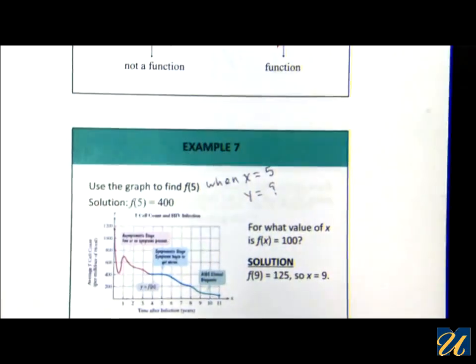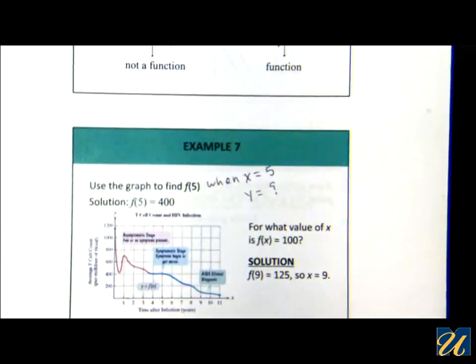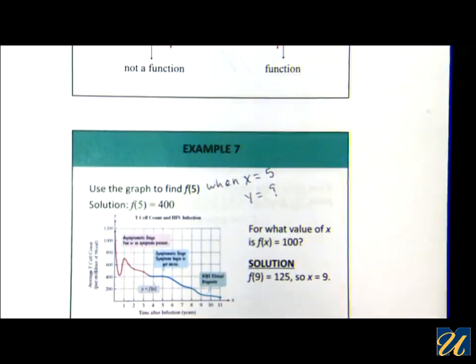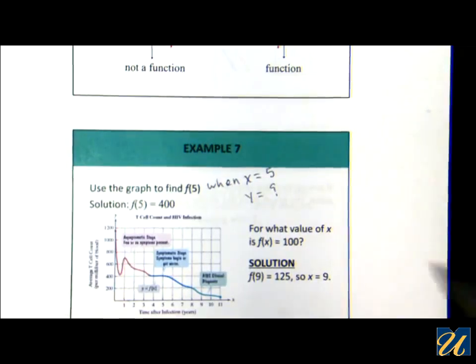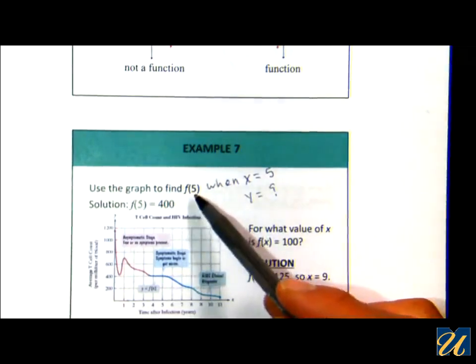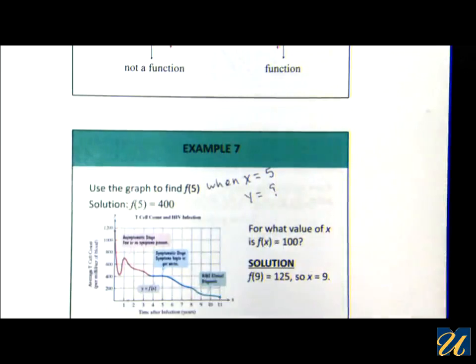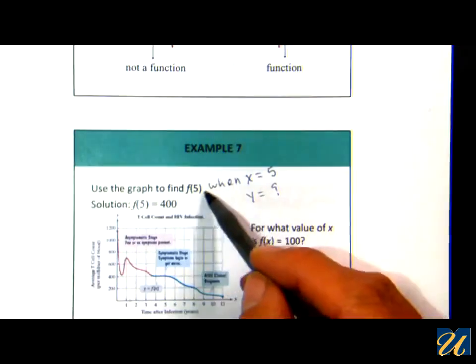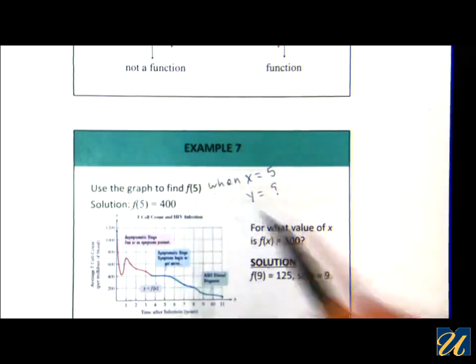Here our inputs are measured to be the time after infection, the number of years after infection, and the y values represent the average T cell count per milliliter of blood. So we can also say that f of 5 means find the average T cell count given that the time after infection is 5 years. This would be the interpretation in context of f of 5.